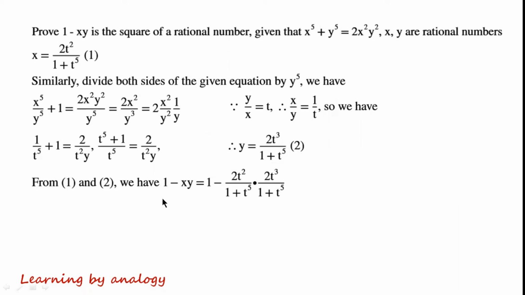we know that 1 minus xy can be written as 1 minus 2t squared over 1 plus t to the power of 5 times 2t cubed over 1 plus t to the power of 5.